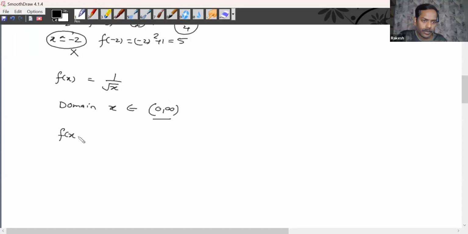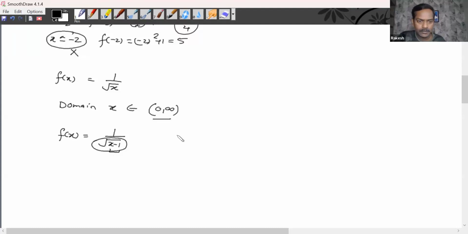So if f of x is 1 over under root of x minus 1, we can see that putting a value of x greater than 0 but less than 1 will also make this negative. Unless the value of x is more than 1, this entire thing is not going to be a positive value.